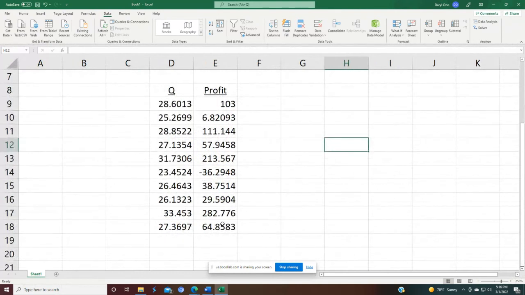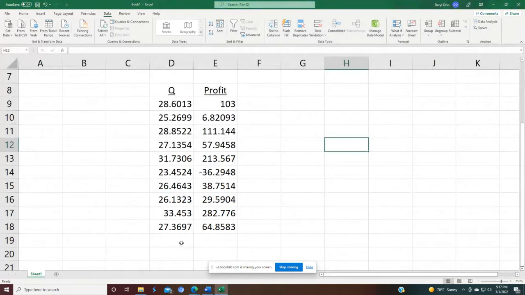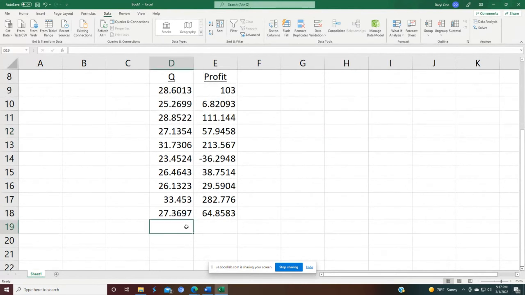Okay, and now I'm going to do if the, oh, not yet. Let's hold on. Minimum, maximum, range. Okay, so of our potential profit numbers, what is the minimum?